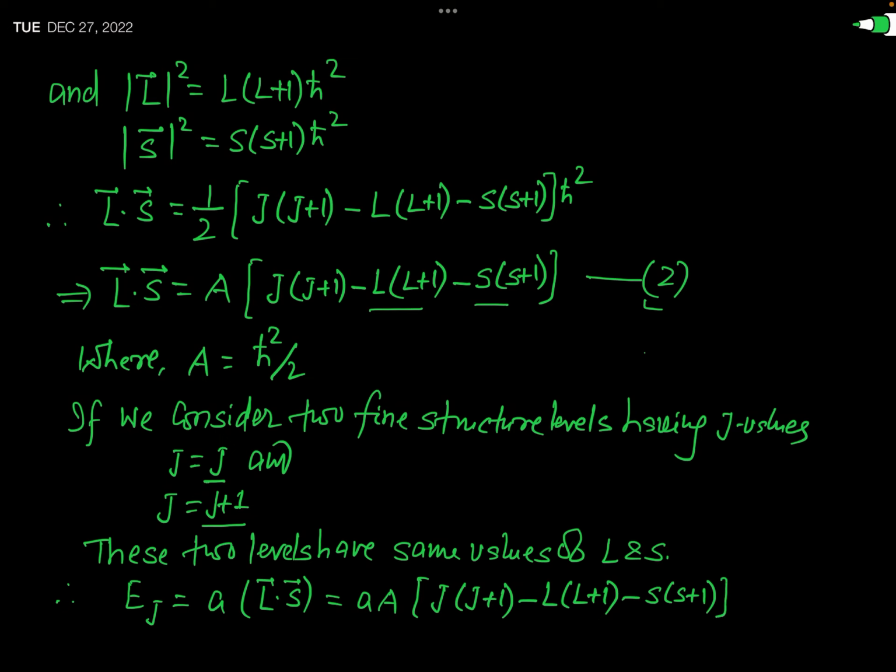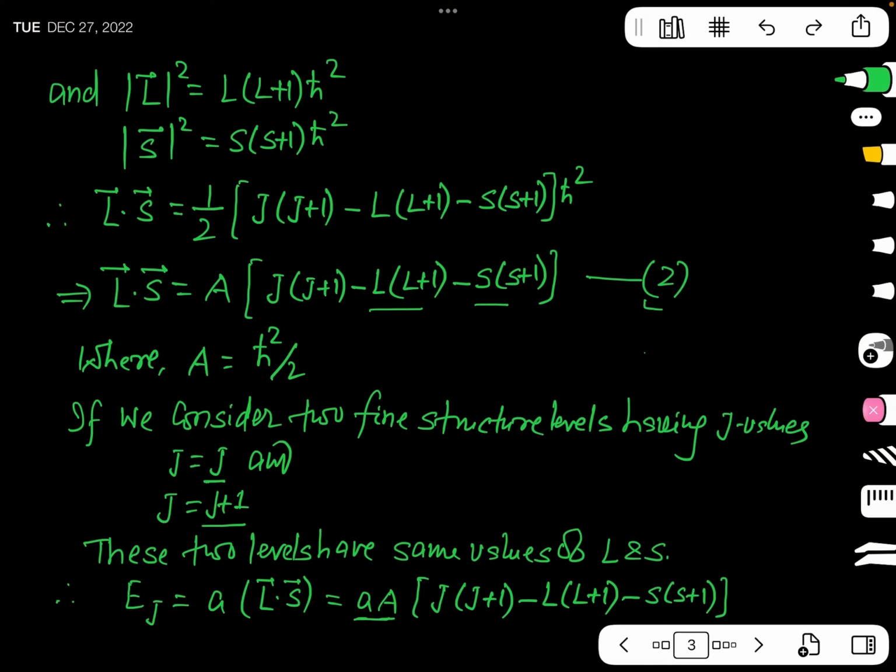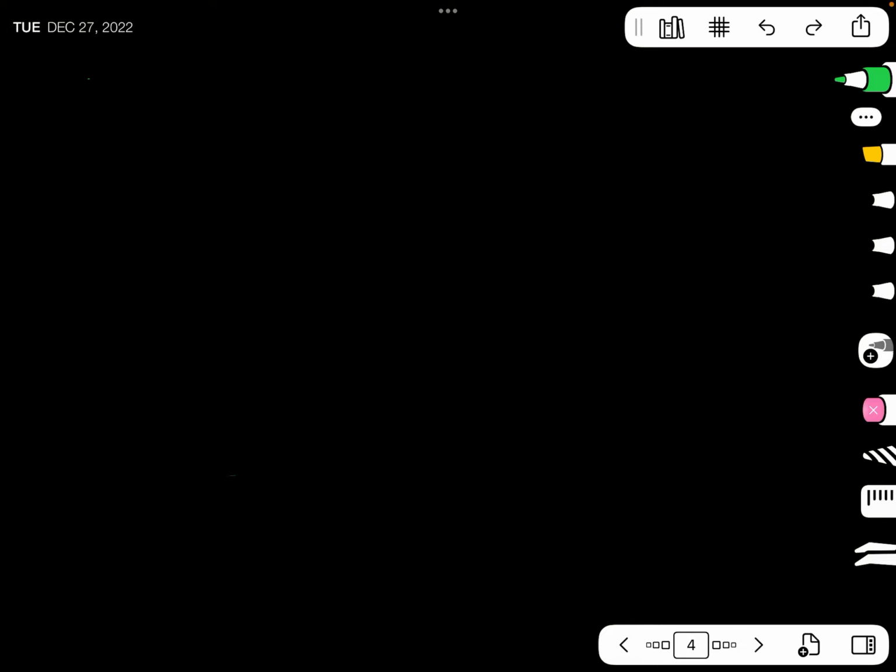Now, A is a constant and this capital A is also a constant. So the product of these two constants will be some other constant. Let us write this other constant by the symbol A prime.